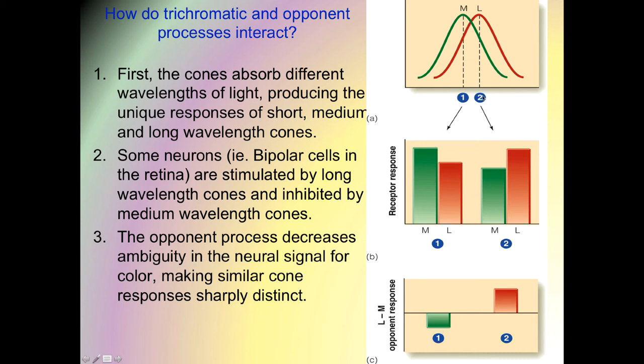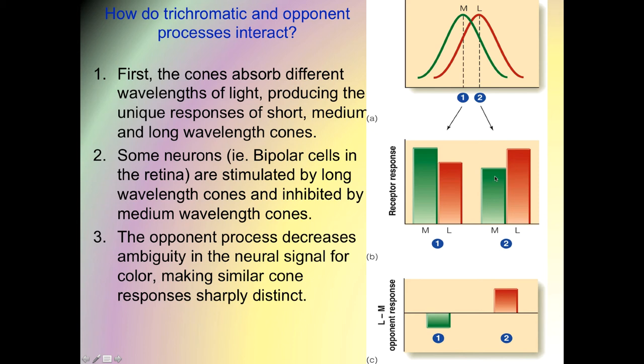In contrast, color number 2 is a longer wavelength color. It's going to activate the long wavelength cone more than the medium wavelength cone, and we see that here. As a result, that bipolar neuron that is excited by the long cone but inhibited by the medium cone is going to become excited. Why? It's going to get a net amount of excitation.